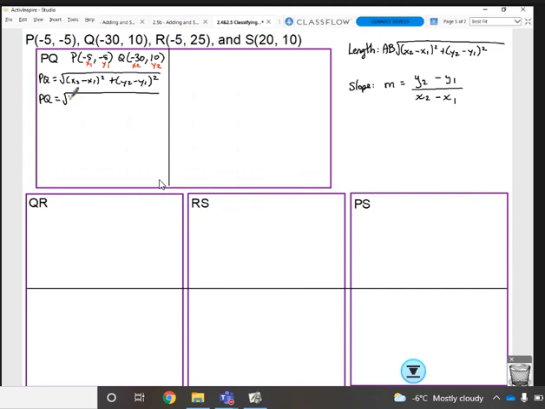PQ equals -30 minus -5 squared plus y2 10 minus -5 squared. PQ, -30 plus 5 is -25, plus 15 squared. Is that right? We confirmed?